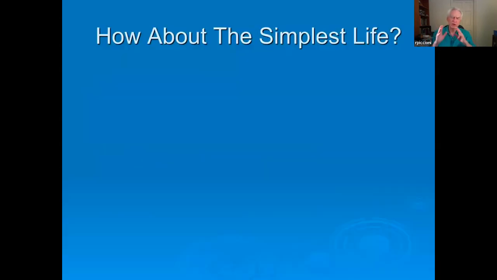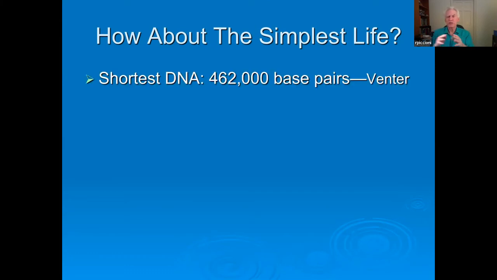Okay, so obviously we are a very complex form of life, and we're certainly not the first form of life. So what could the first form of life be? What is the simplest form of life that we might try to create by some accidental chemical process? Well, J. Craig Venter, who's one of the world's leading genomists, ran a major research project on this question, and he had a very strong financial motivation for doing so.